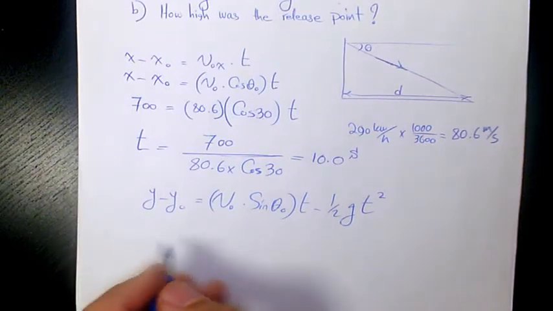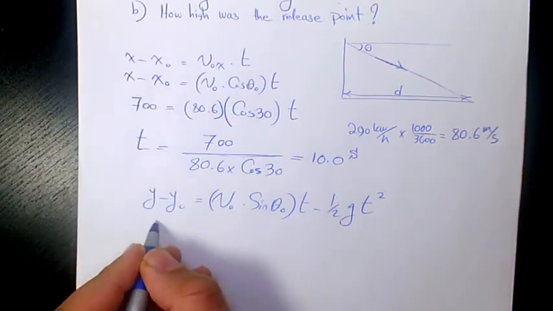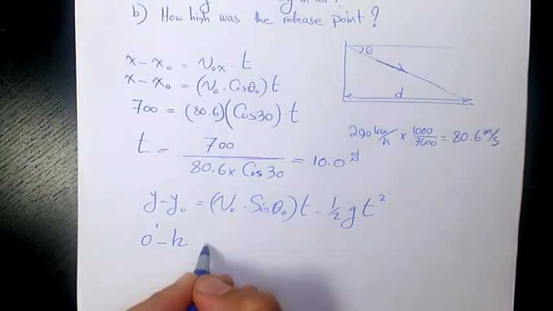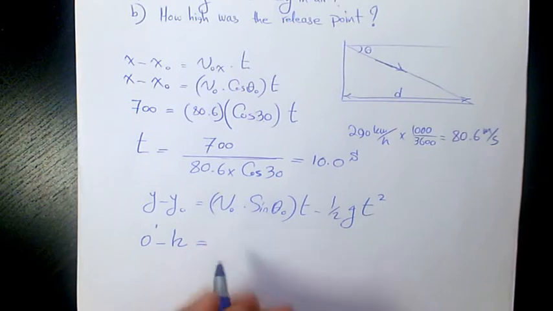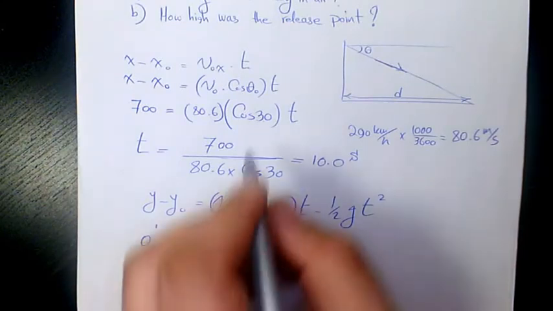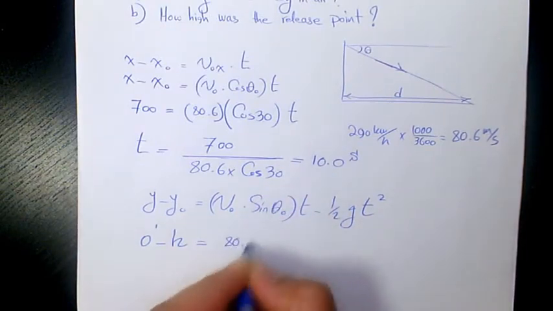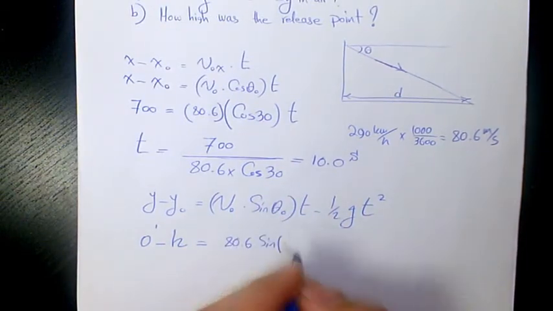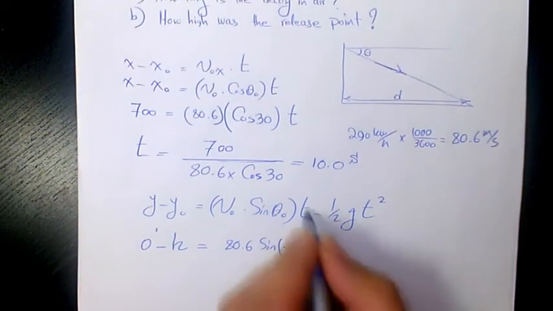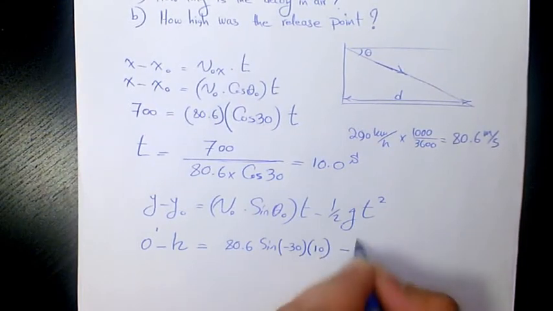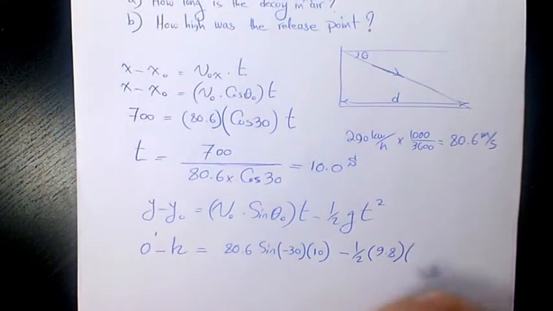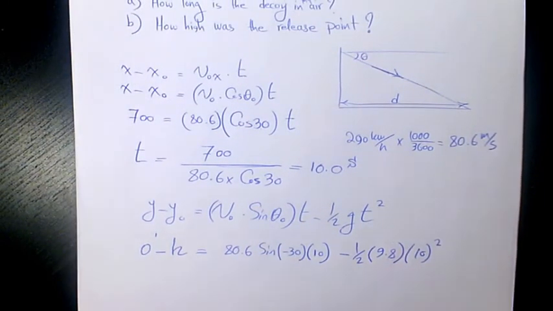So we have 0 minus height equals 80.6 times sine negative 30 times t, which is 10 seconds, minus 1 over 2 times 9.8 times 10 to the power of 2.